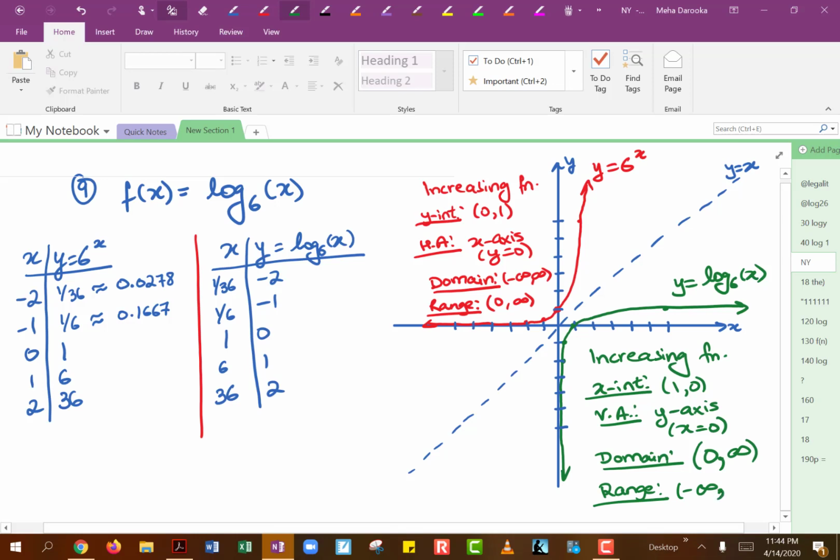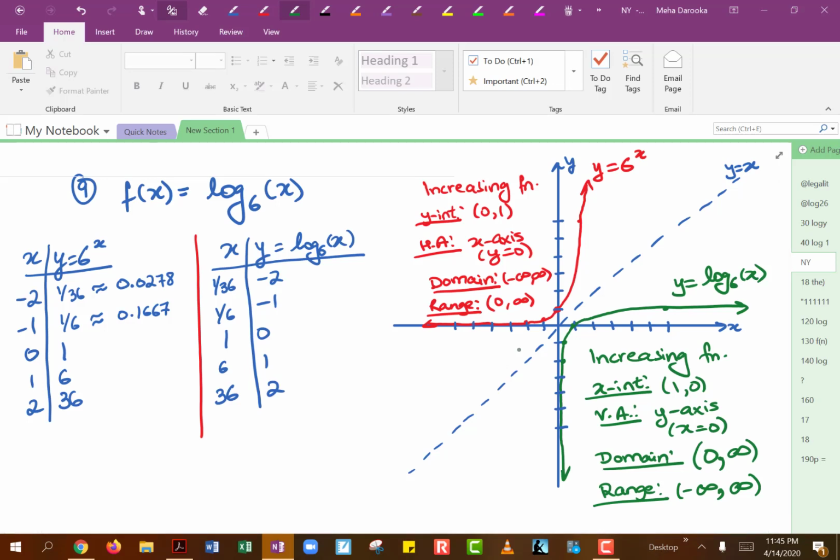So your domain and range will switch values from the exponential function to the logarithmic function. Now, if you look at this line, y equals x, that dotted line in the middle, the idea is if I were to fold my graph along that dotted line for y equals x, my two graphs would coincide. They would overlap.